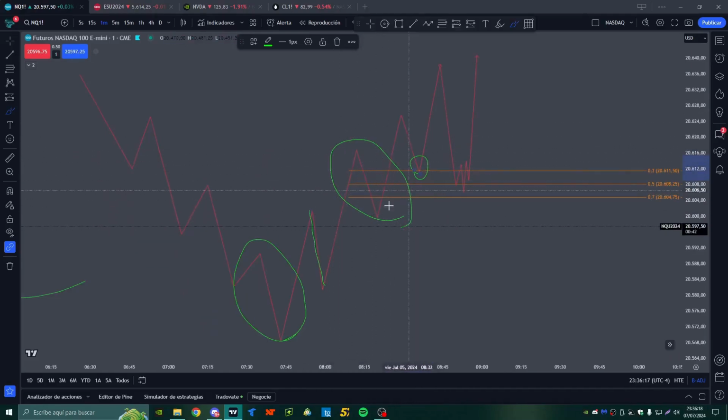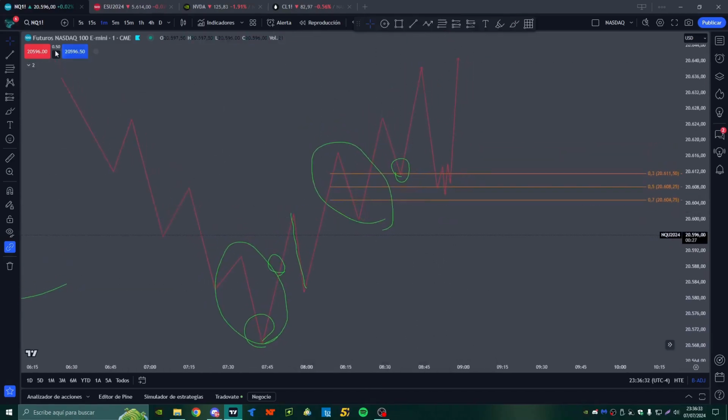Remember that this area can be anything. It doesn't have to be necessarily the responsible or the origin. The area can be any area, a fractal, a swing, a hidden ascendant, a wick, anything.